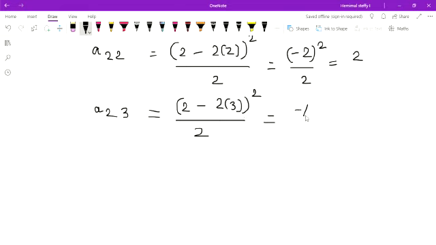Minus 4 whole square gives 16. Divided by 2, so 16 by 2 gives 8. Almost I found everything.